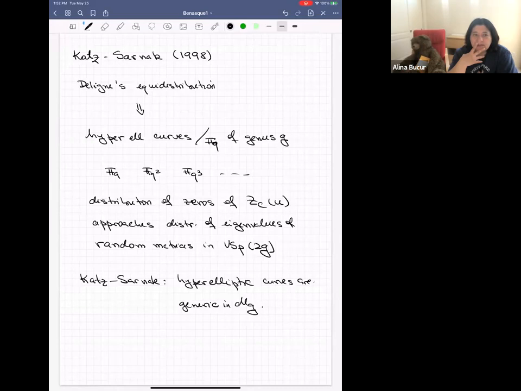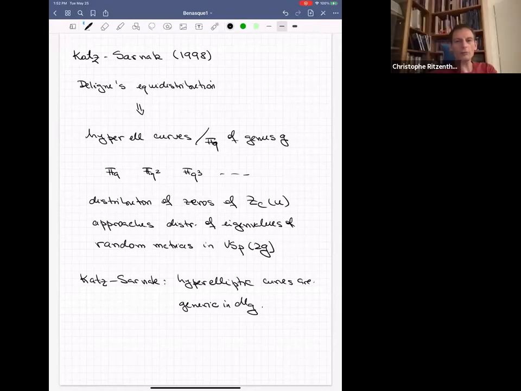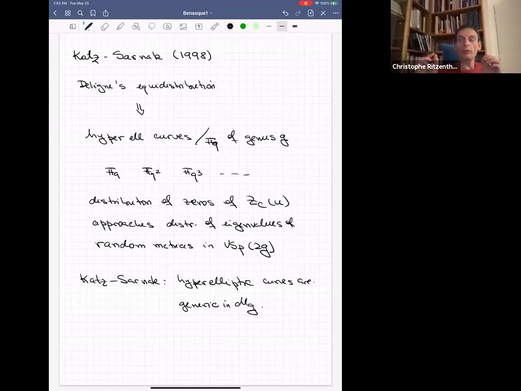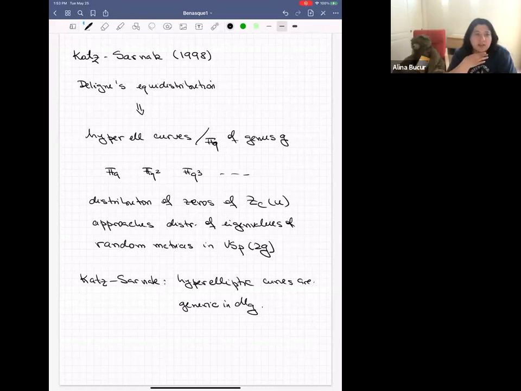Yeah, but the things that we observed are completely heuristic: you have more curves with many points than curves with very few points, and that gives you something which is not symmetric. But you can't spot this difference in the distribution because it is a lower order term, the difference between the two. So presumably a refinement of the distribution. Yeah, so presumably you can recover this a little bit.